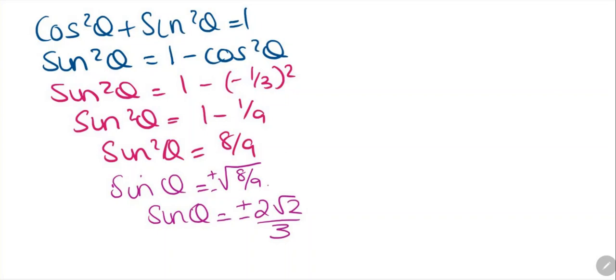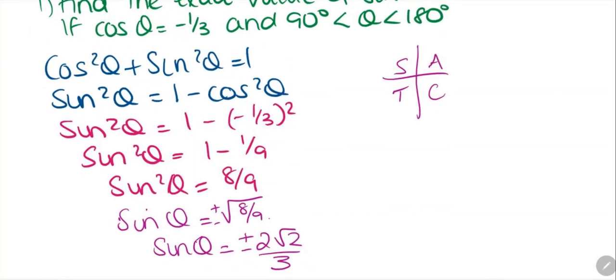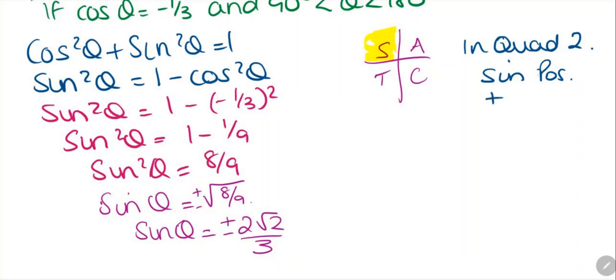Now if we look at our CAST diagram, and we are looking for between 90 and 180, so we're looking in quadrant 2, and in quadrant 2 sine is positive. So we're looking at having the positive 2√2/3.